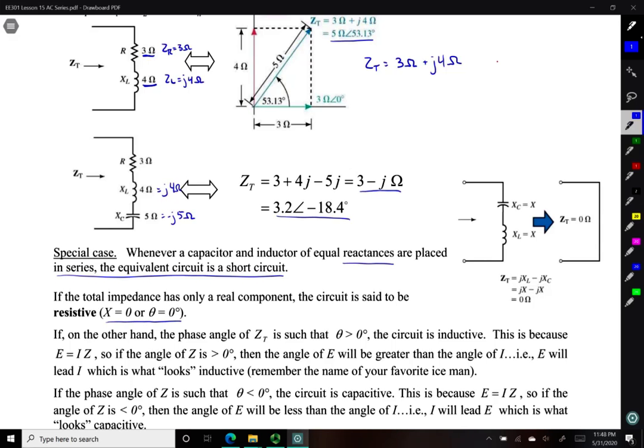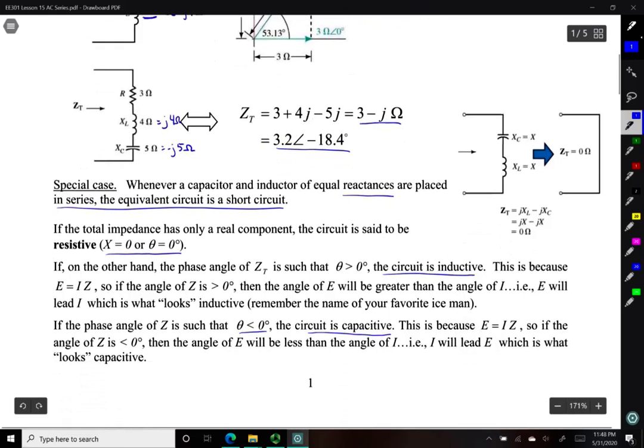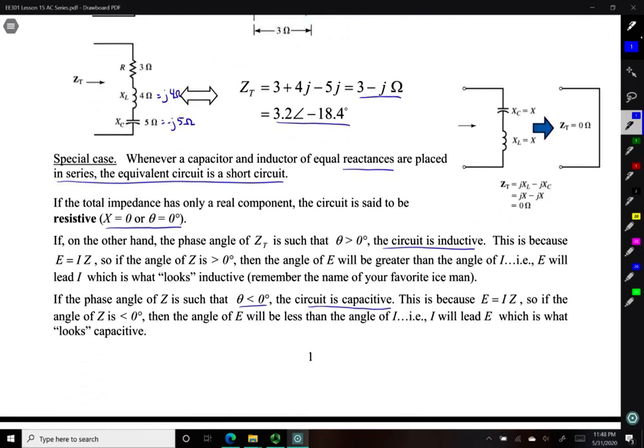If the phase angle is greater than 0, the circuit is inductive. And if the phase angle is less than 0, our circuit is capacitive. And we can prove that by using, again, Ohm's law that will give us a phase angle greater than or less than our voltage, depending on what the phase angle of the impedance is.